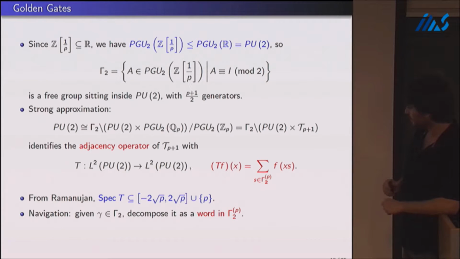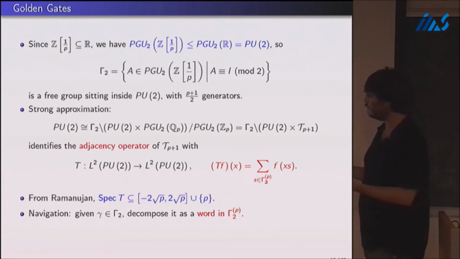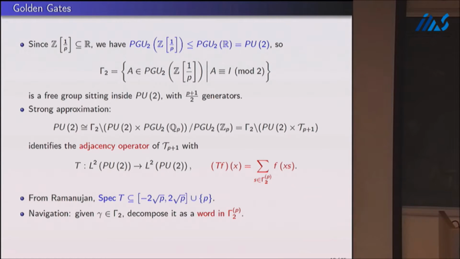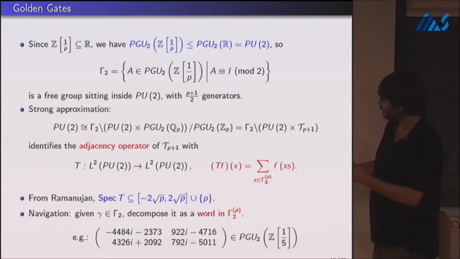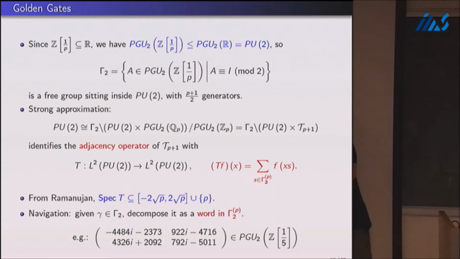And the other thing that you get here is the ability to decompose words. So if you just take any group with generators, you don't know how to take an element in the group and write it as a word in the generators. But in this case, we understand this group very nicely. It's a free group with explicit generators. So when you're given a matrix like this one, you can check very easily that this is a matrix in this 5-arithmetic group.